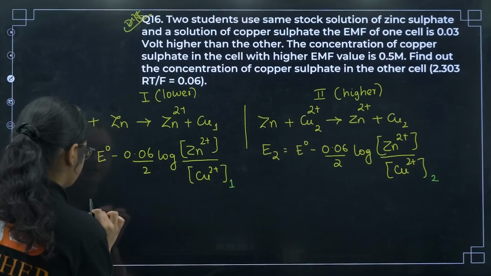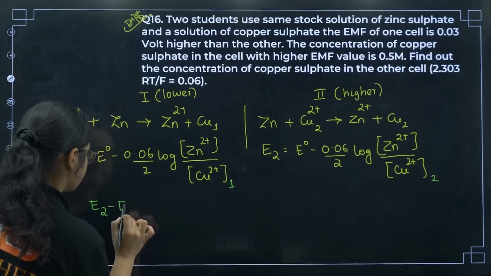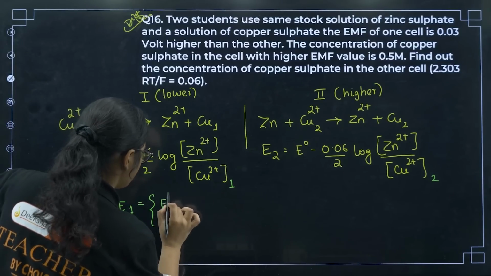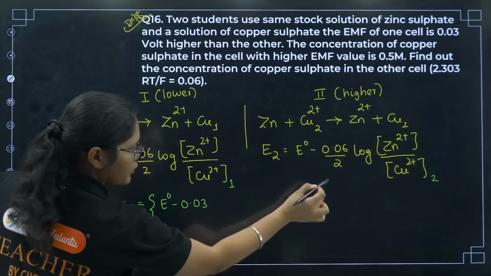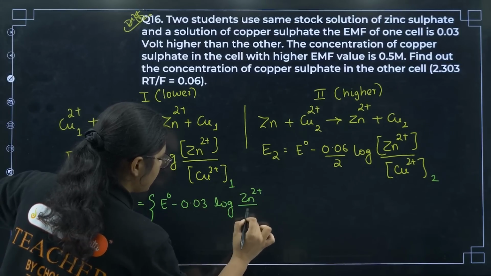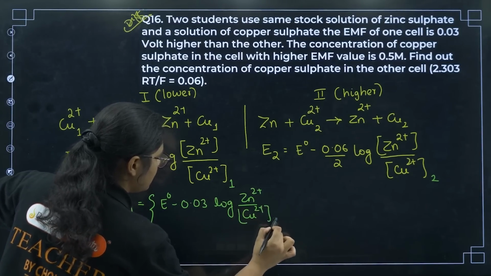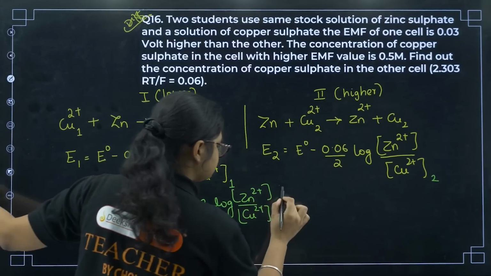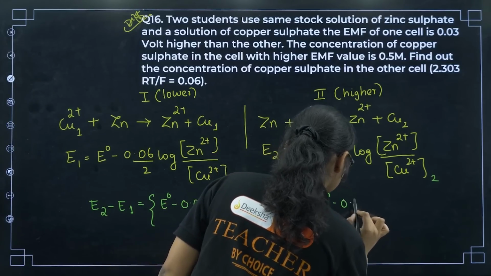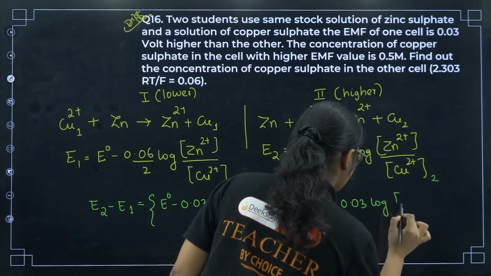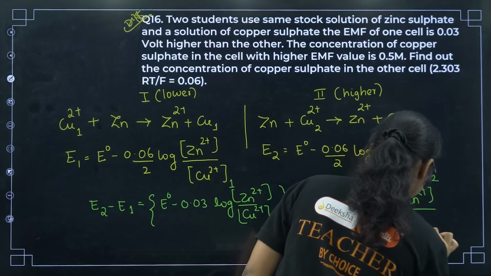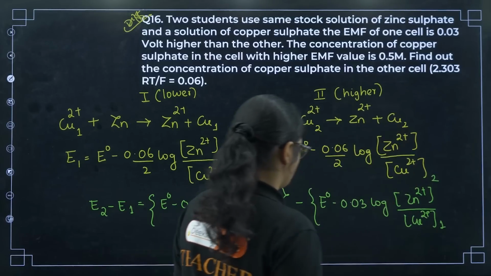Now see, if I subtract E2 minus E1, what will I get? Please understand carefully. I'll write first this value, E0 minus 0.03, since 0.06 by 2 is 0.03, log of Zn2+ by Cu2 2+, minus this value E0 minus 0.03 log of Zn2+ by Cu1 2+.